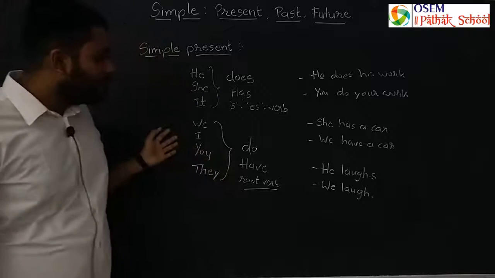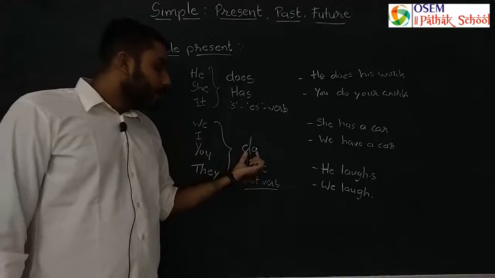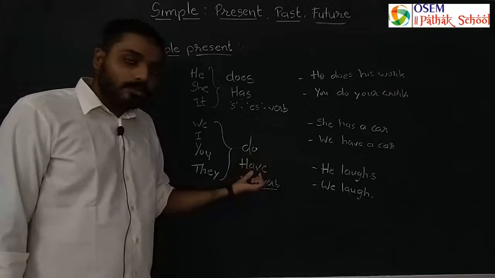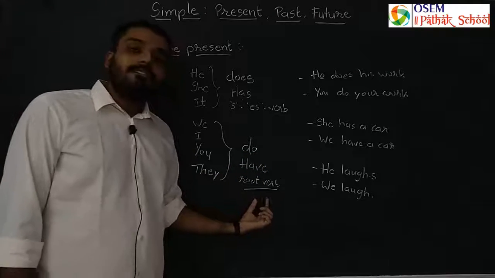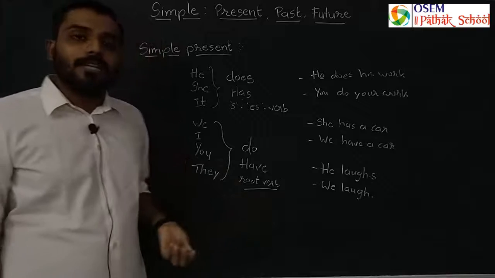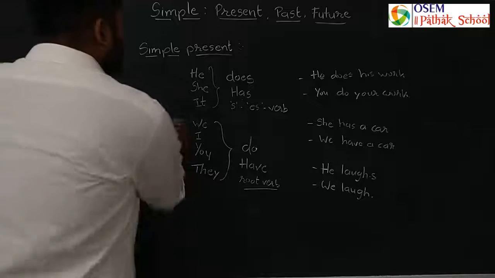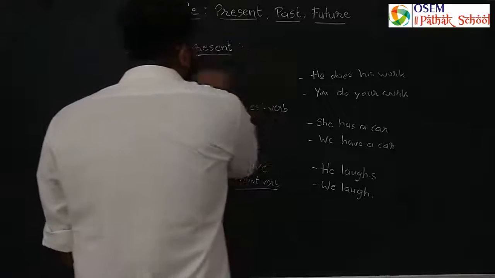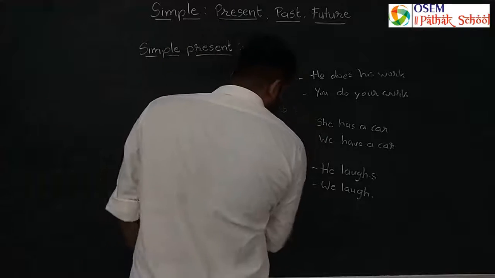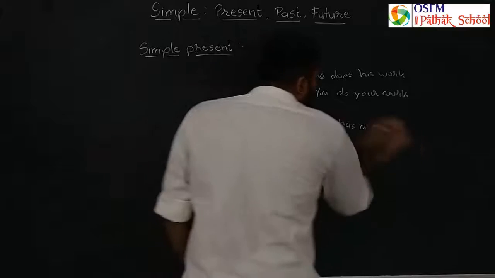And with I, we, you and they, हमें do use कर सकते हैं, हम have use कर सकते हैं और verb root verb यानी कि main verb रखना है. So now we will do simple past tense with the same pattern, and at last we will do some exercise.